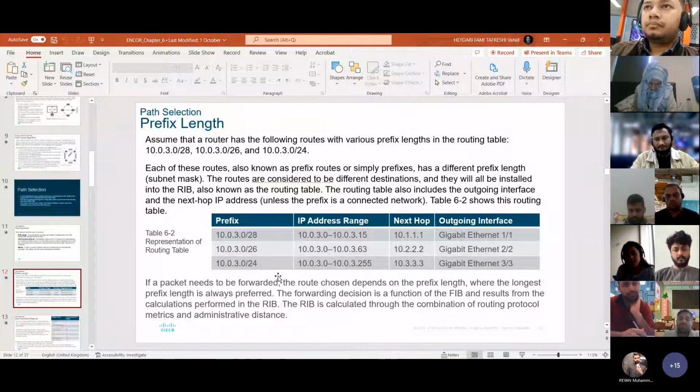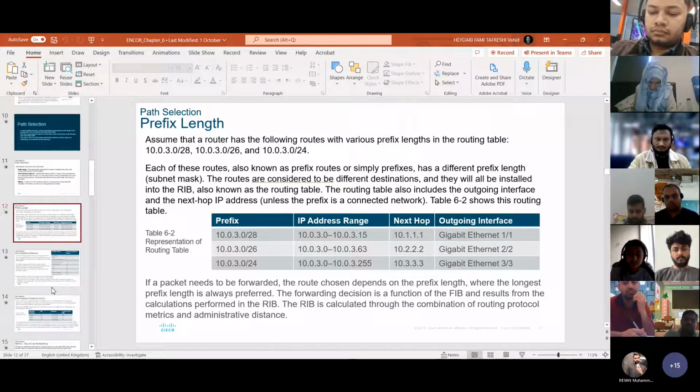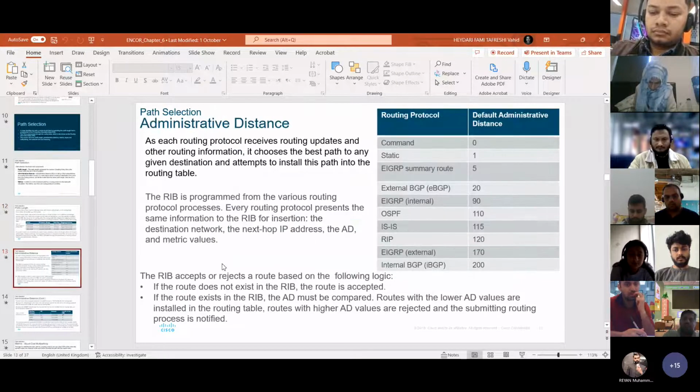And the third rule is that if we are talking in the context of the same prefixes or the same networks, then the path for the more specific prefix length is going to win and is going to be more preferred. So remember these three rules. Move on to administrative distance.